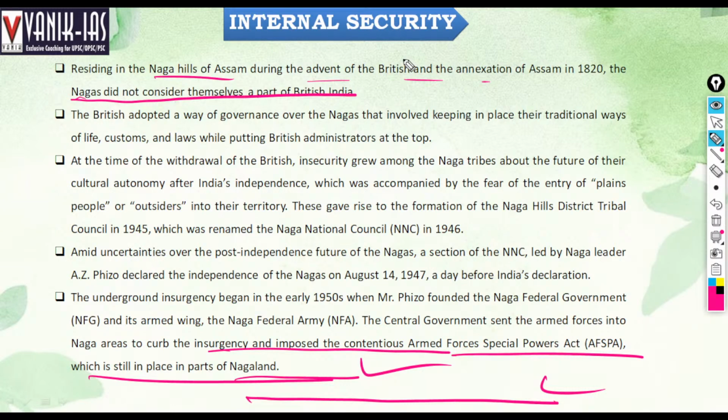The British adopted a way of governance over the Nagas that involved keeping in place traditional ways of life, customs, and laws, while putting the British administration at the top. So the Britishers tried to adopt a good governance where they didn't interfere in traditional ways. Remember, the British always kept away from interfering in Indian traditions because they knew that would create a huge law and order issue.